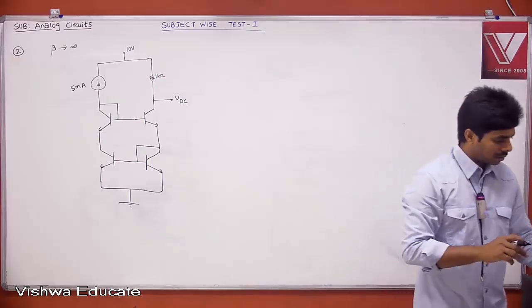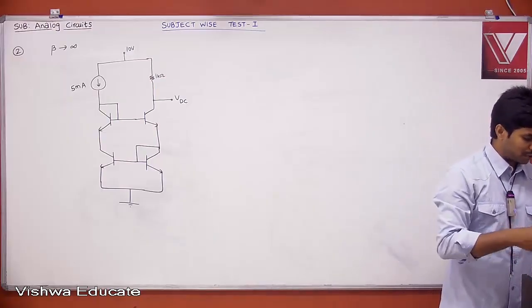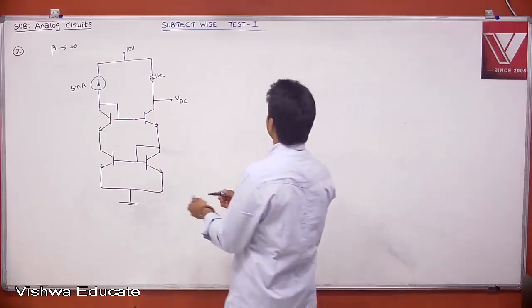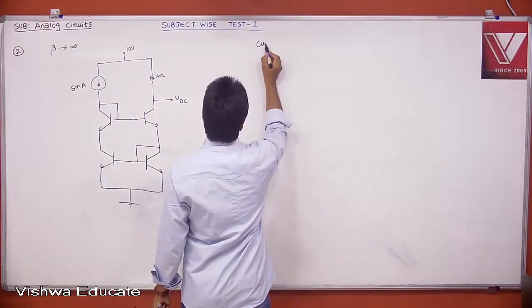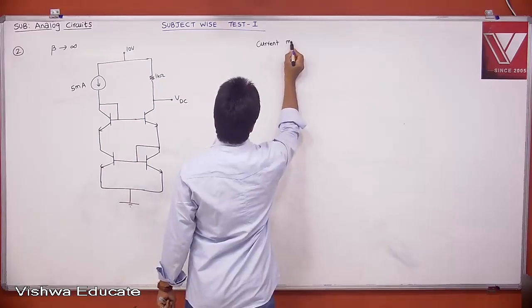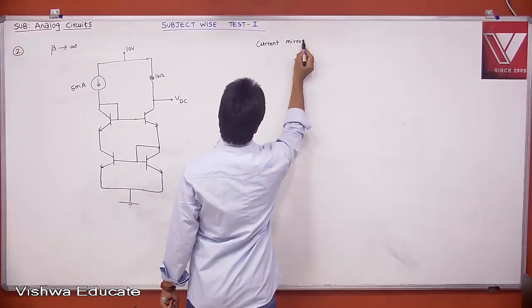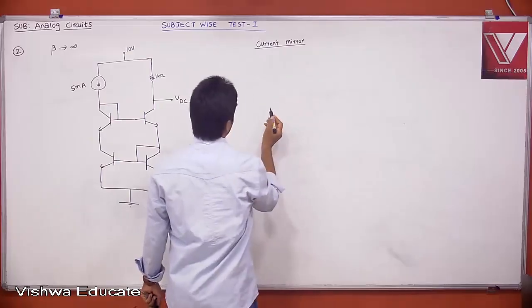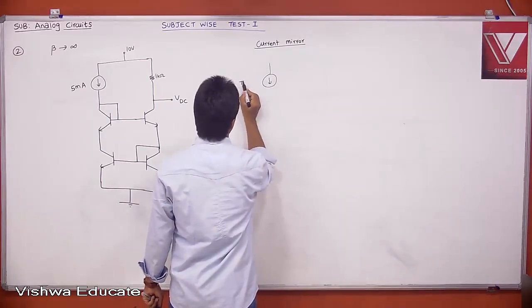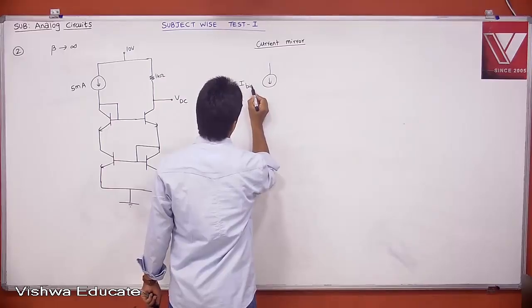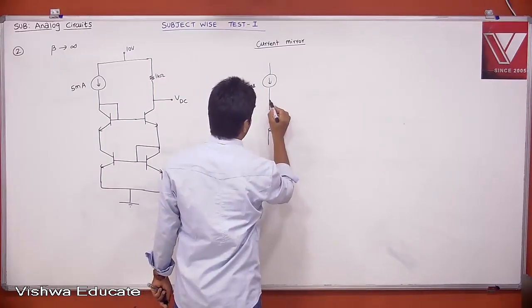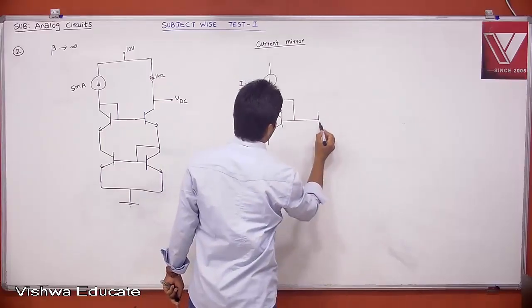Now, I think we solved one problem which is related to current mirror. What is a current mirror? If you take a typical current mirror, this is a cascade current mirror. You can build the current mirror from BJT or MOSFET, anything is fine. This is what is called I bias, and this is your diode connected BJT or MOSFET.